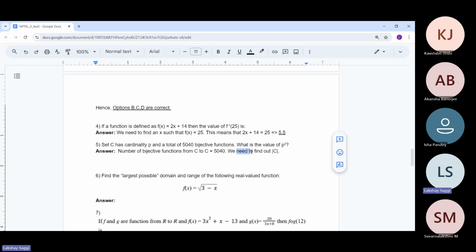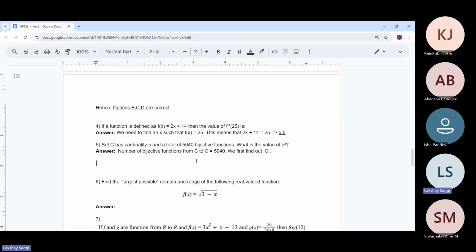So we first find out the number of bijective functions from C to C. Does anyone know, in terms of cardinality of C, what will be the formula for the number of bijective functions?